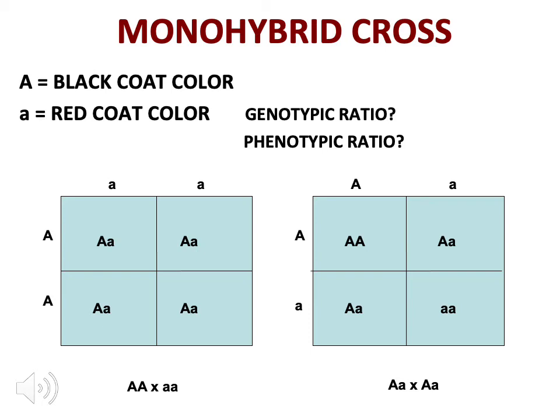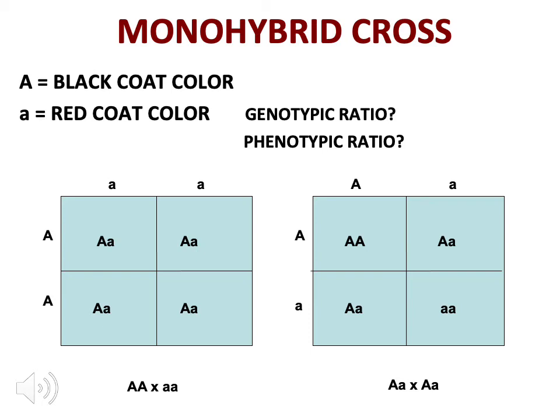It would be 1 to 2 to 1. 1 big A, big A to 2 big A, little a, to 1 little a, little a. What about phenotypic ratio, Dr. Canasco? If I'm taking a look at this Punnett square, every time I see an uppercase A, that's telling me that's going to be a black guinea pig.